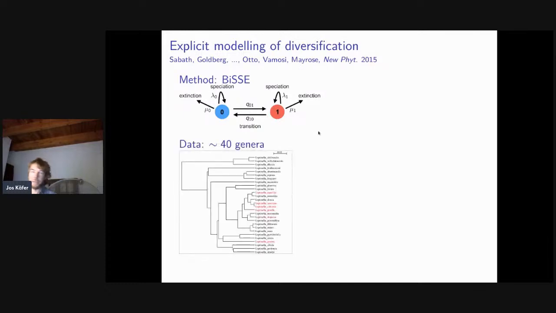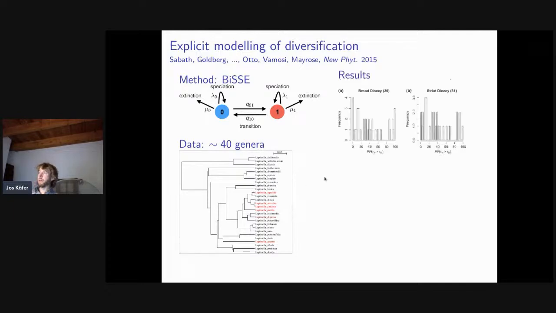So what they did, instead of looking at the whole tree of the angiosperms, they had 40 genera in which dioecy occurred and for which they had trees. And what they plotted is the posterior probability that the non-dioecious diversification rate is larger than the dioecious diversification rate.